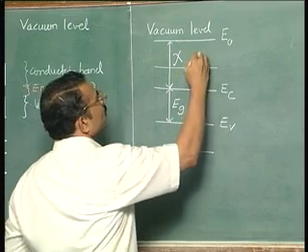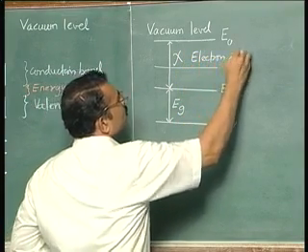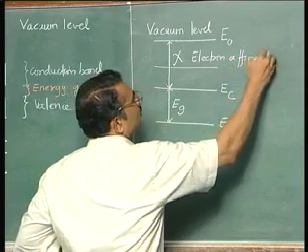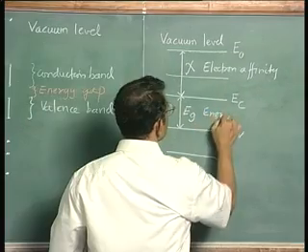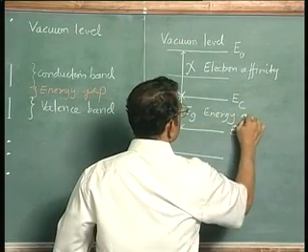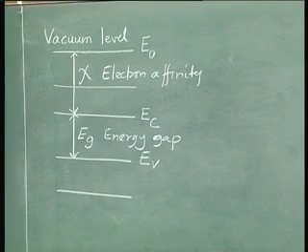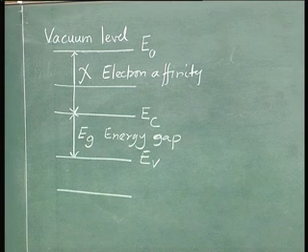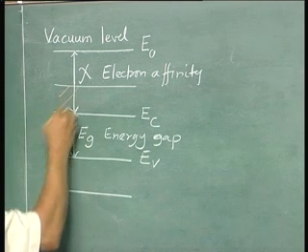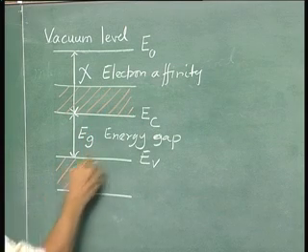So electron affinity, and this is energy gap. So that is the conduction band, and this is the valence band.